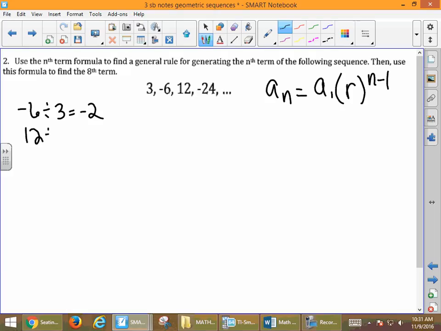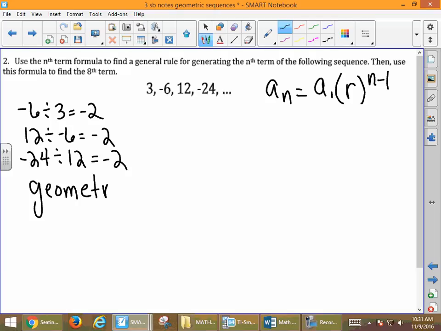And 12 divided by negative 6 is negative 2. And negative 24 divided by 12 is negative 2. That makes this sequence here geometric, with a common ratio of negative 2.